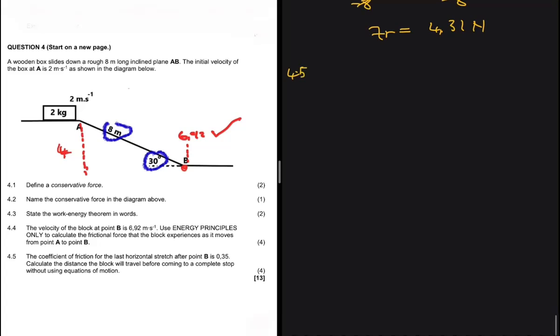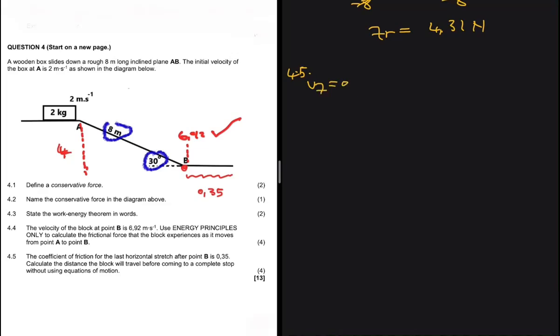So 4.5. The question is saying that the coefficient of friction for the last horizontal stretch after point B is 0.35. So here we have a coefficient of 0.35, and then the question says to calculate the distance the block will travel before coming to a complete stop without using equations of motion. If it is coming to a complete stop, then we know fully well that VF is equal to 0.